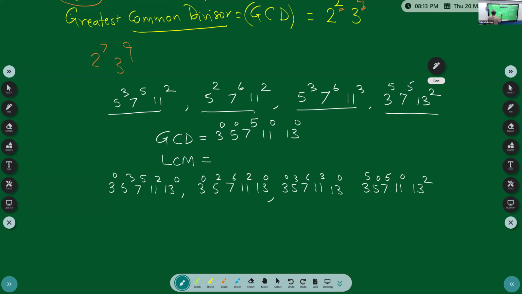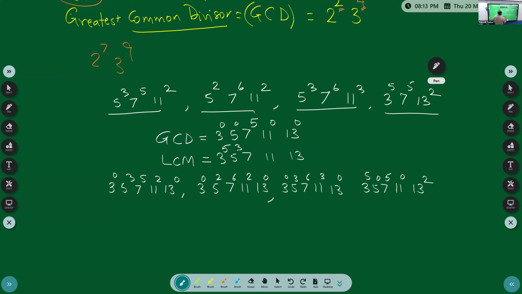And LCM: 3, 5, 7, 11, 13. The highest index. What is the highest power of 3? 5. What is the highest power of 5? 3.